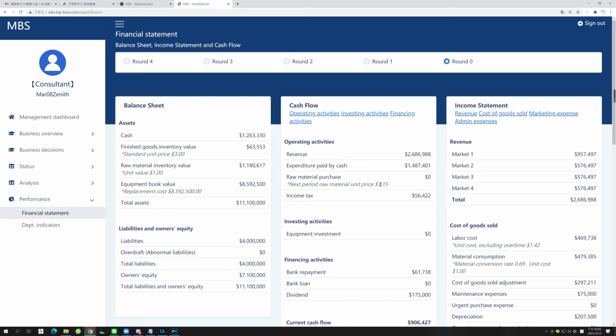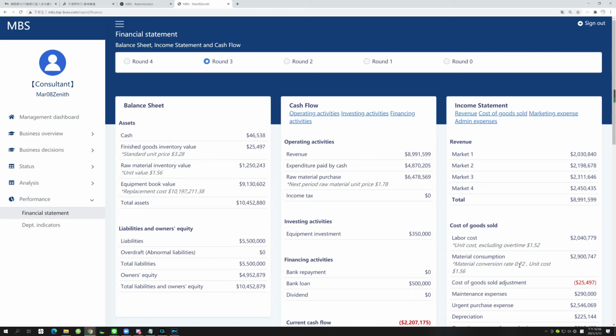And the material consumption for Zenith is 0.72. That means for each unit of the product that we manufacture, we need more than 1 unit of the raw material. And that is close to 1.5 units of the raw material in this case. And when you look at $1.78 for the material unit price against the round 0 of $1.15, there is a 60 cents difference.